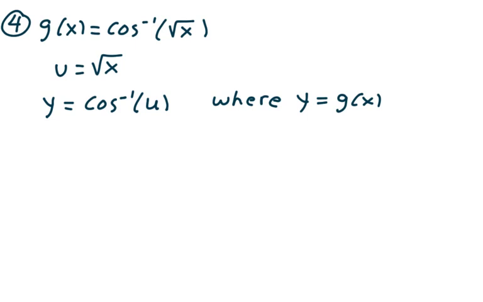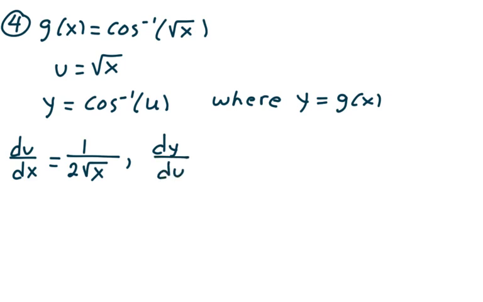Okay? And so du/dx is 1 over 2 times the square root of x. dy/du is negative 1 over the square root of 1 minus u squared. Like so. And then it just becomes applying, right?